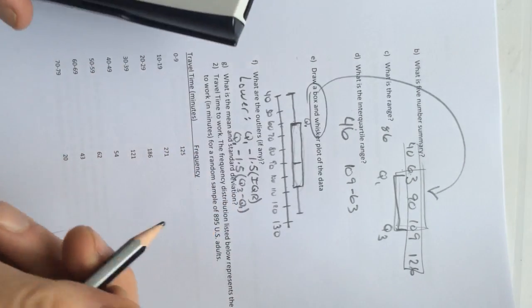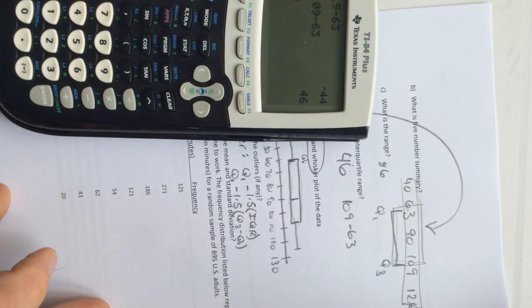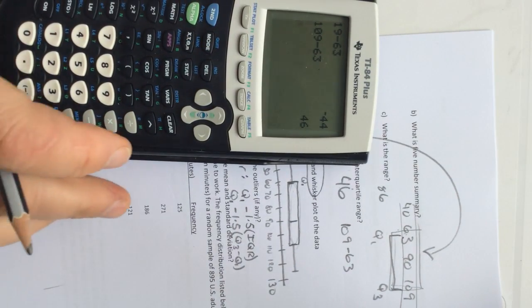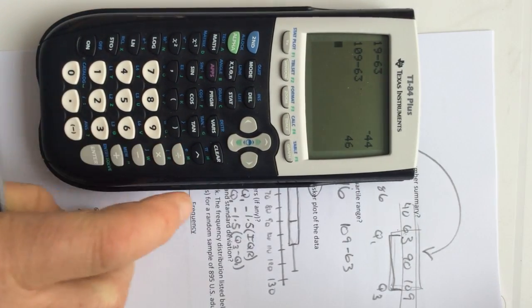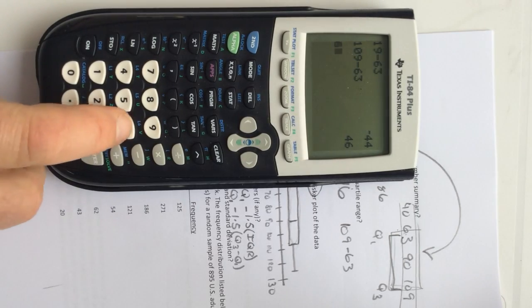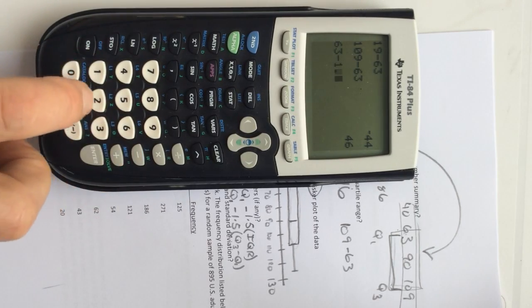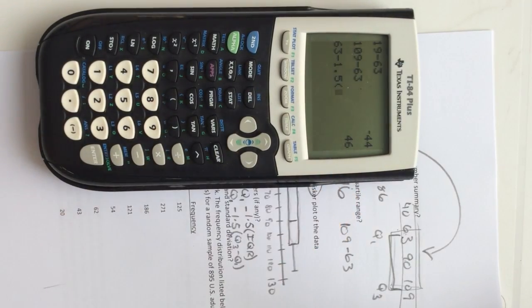So if we wanted to crank it out to see what would be considered a lower outlier of the data, outlier means it's abnormally low. Q1 was 63 minus 1.5 times the IQR, which was 46.